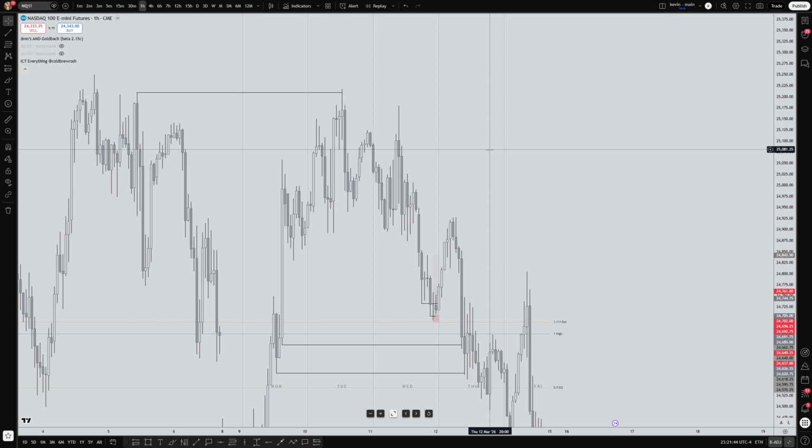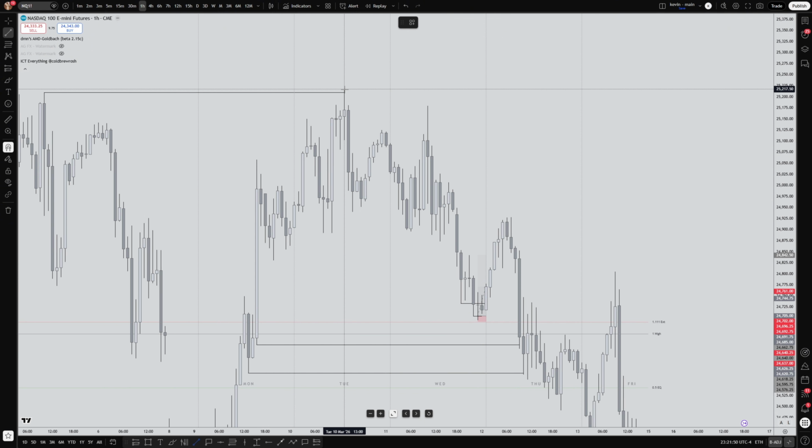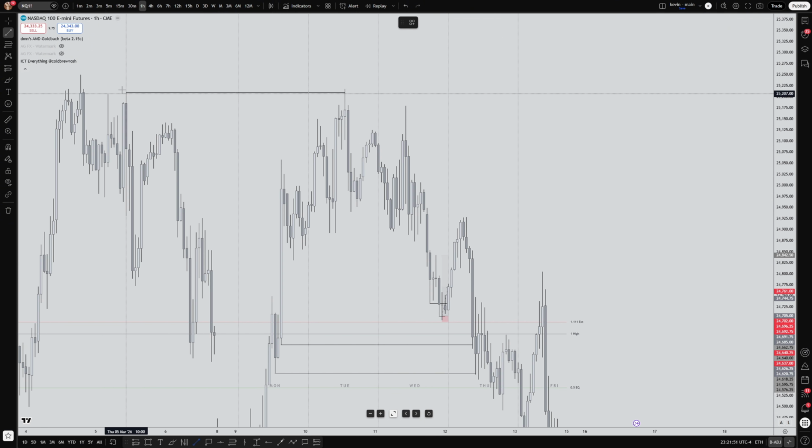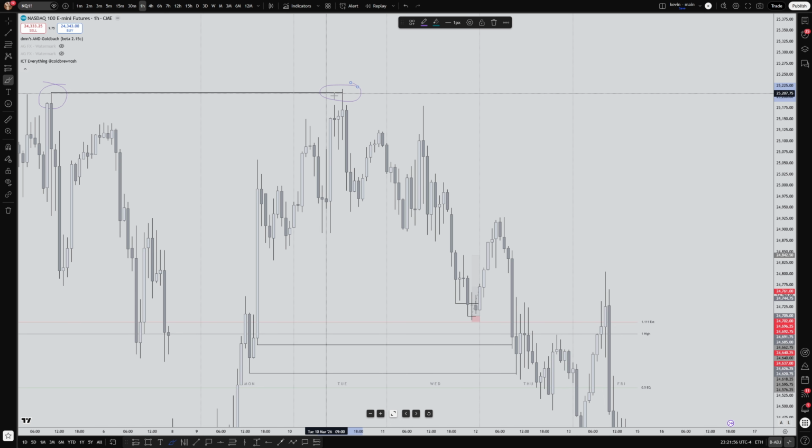So let's just clear everything. This is potential high of week here. What low took out this high? This high here was taken by this. But what caused this? If we follow it back, go to the left, go to the left, boom. This low took out this high here.